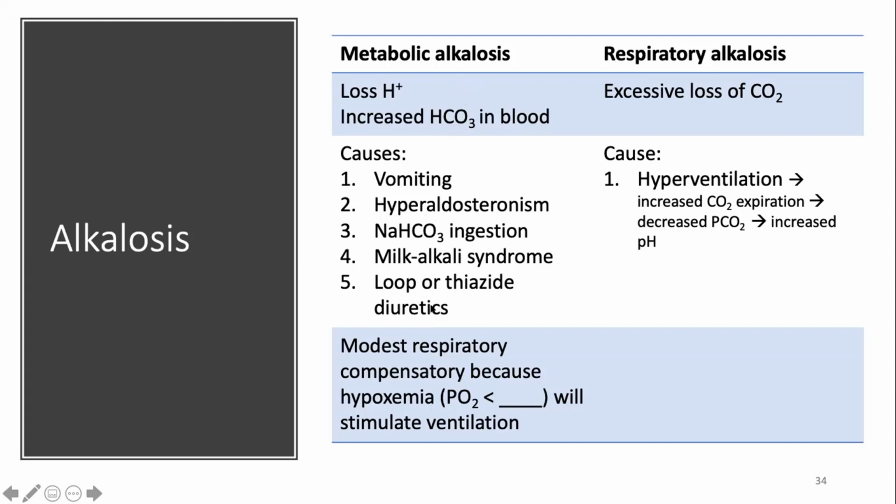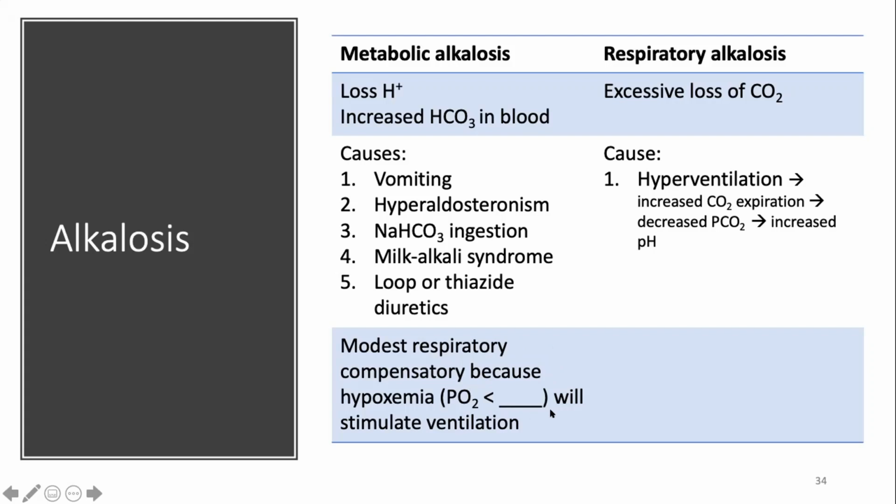In metabolic alkalosis, yes, you will have respiratory compensation, but it will be only modest, meaning that it won't be at a higher degree, because of hypoxemia. If you try to depress your ventilation to retain more carbon dioxide, apart from the increase in carbon dioxide, there will also be low oxygen, right?